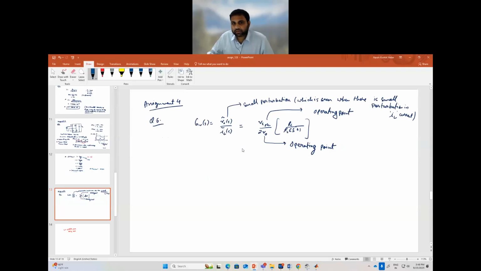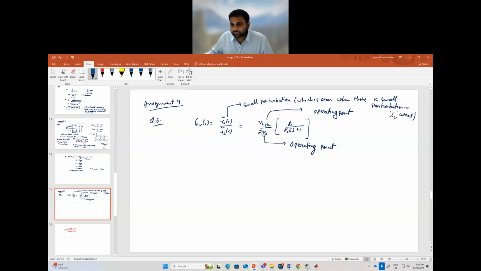What they have asked is, if GV of s is V naught s by IL of s, then how do we see a V naught value in the denominator? So this V naught value comes from the operating point, and this operating point is like a fixed nominal voltage for which the converter has been designed.